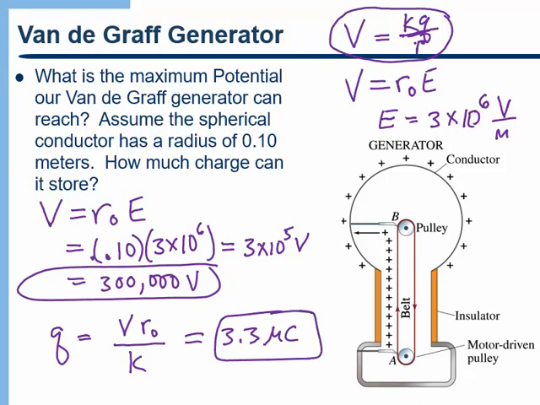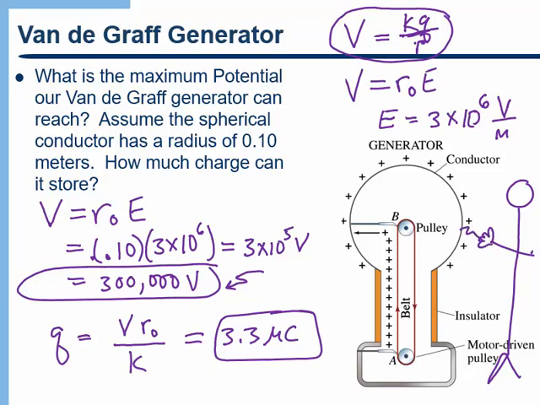So one of the questions that people often ask in class is, is that voltage dangerous? Because it certainly sounds like a very high voltage, and in general, we think of high voltages as being dangerous. But it turns out, if we had been in class, I would have let you, if you had wanted to, take your hand and put it near the Van de Graaff and let it spark to your hand.